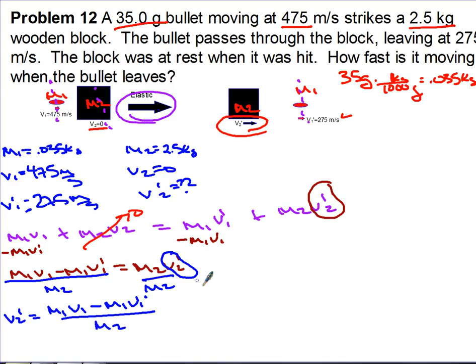Now I'm going to plug your numbers in. M1 is 0.035 times V1, which is 475, minus M1, which is 0.035, times V1 prime. Now V1 prime here is 275.